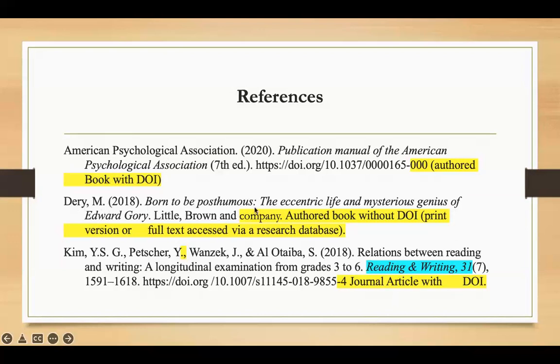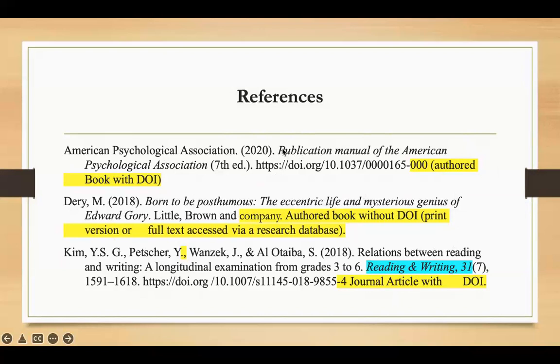In module 9, we have a lot of exercises on references. So you can wait until we get to module 9, where I'll be giving you articles, and I ask you to write references. But this is just basically how they should look.